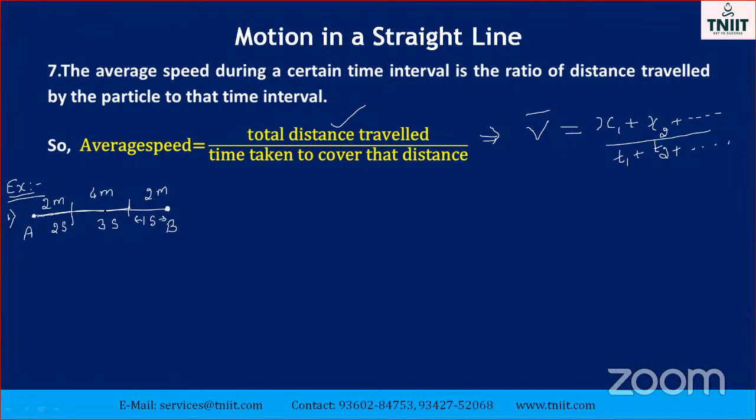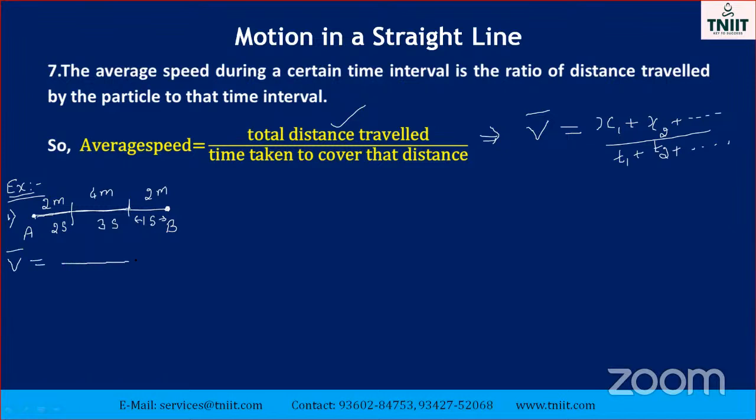So from the initial point to the final point, the body has covered 3 different distances: 2 meters, 4 meters, 2 meters. The time intervals are 2 seconds, 3 seconds, and 1 second. Can you find the average speed for this case?